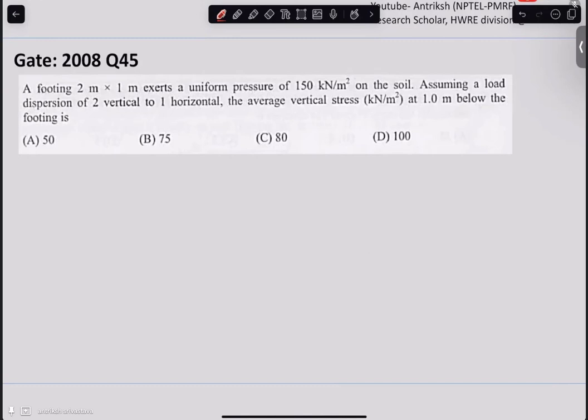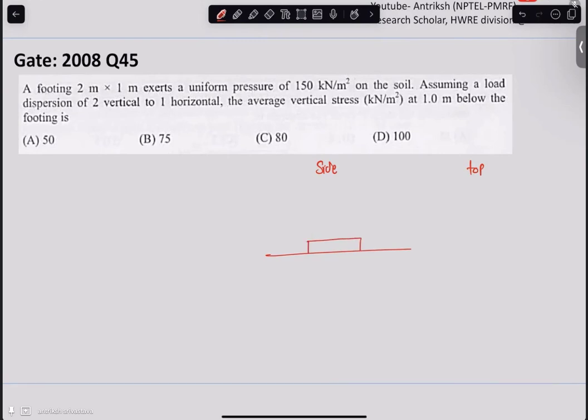So what does this question tell us? Let us see. We are going to draw 2 perspectives. One is the side view and one is the top view. This is the soil when you look at it from the side. So this is your footing.